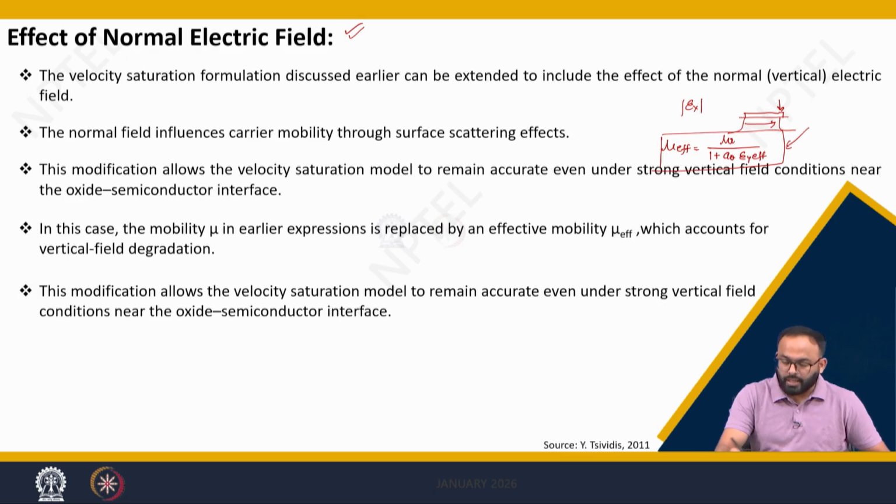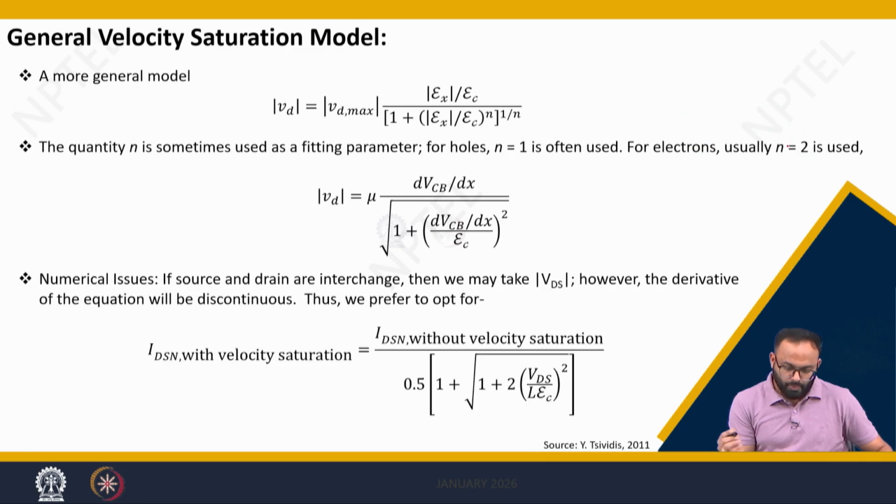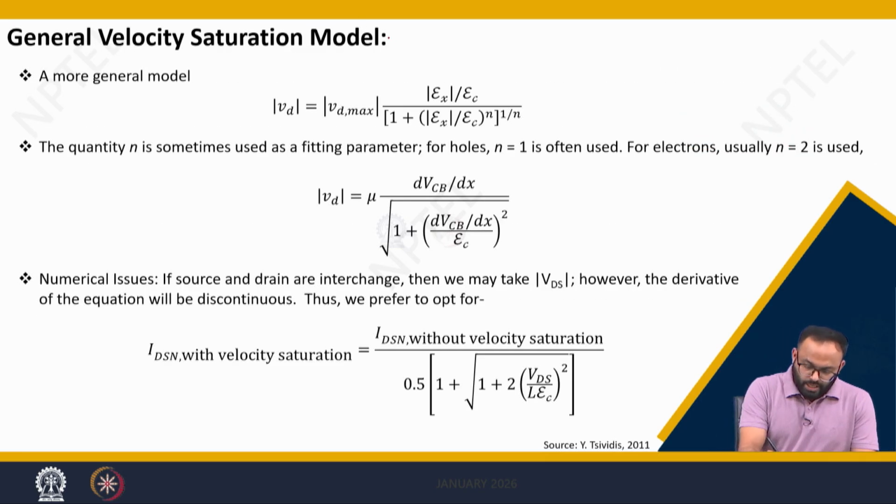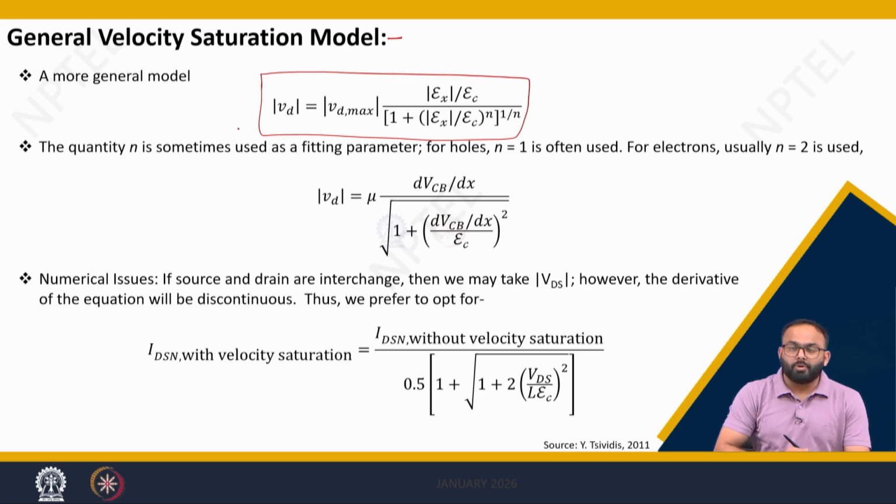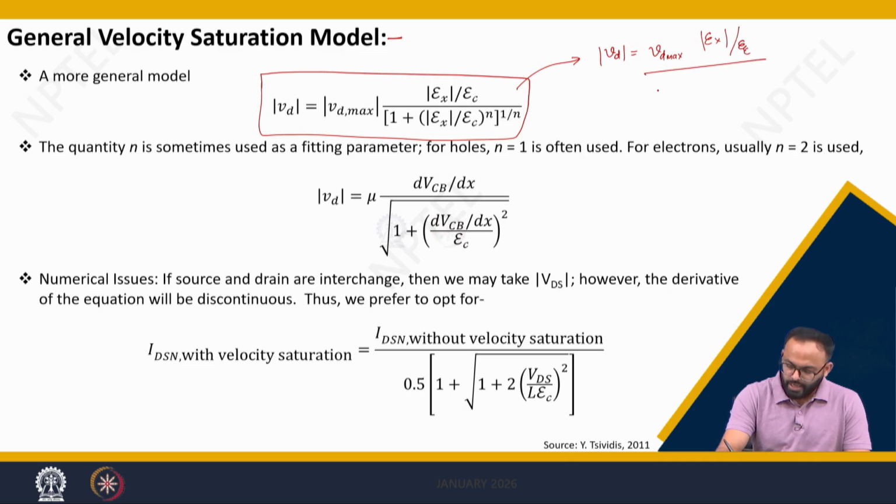So the impact which we will see at the output in terms of current will be the overall output of all the short channel effects. Now in general, we use a more concrete model for velocity saturation. What we have used till now is Vd equals Vd max (Ex/Ec) divided by 1 plus Ex/Ec.